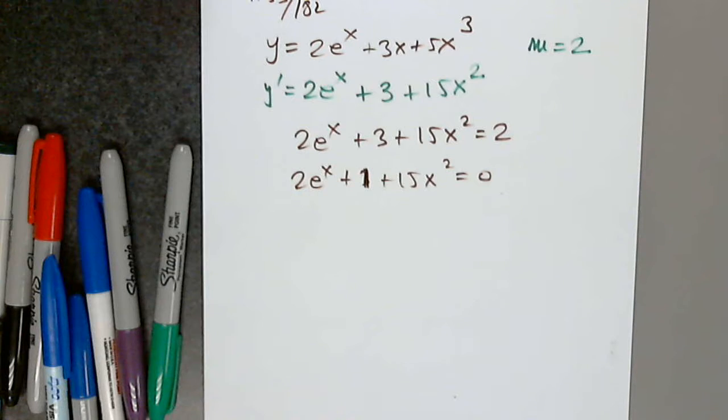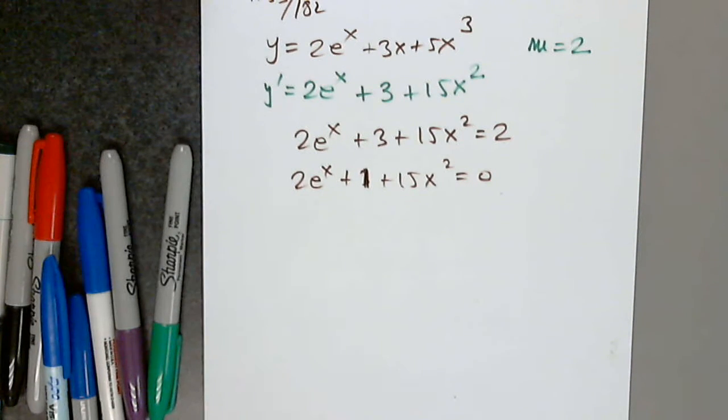So if we go to the graphing calculator and we put it in y equals, I have 2e to the x, plus 1, and then plus 15x squared. And I will analyze this and double check.